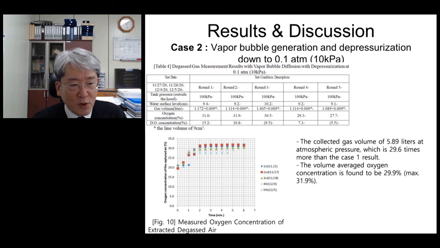The sum of total collected gas volume reached 5.89 liters at atmospheric pressure, and the oxygen concentration of the gas reached as high as 31.9%. Measured average oxygen concentration is found to be 29.9%.